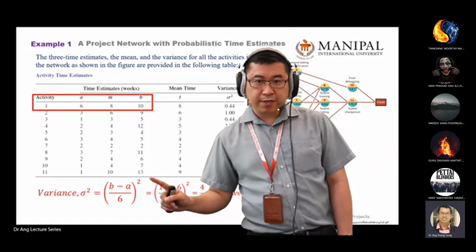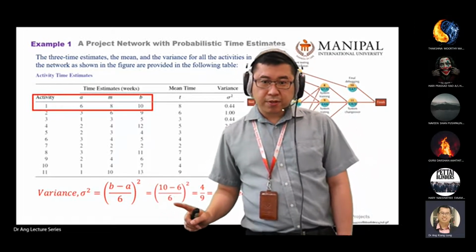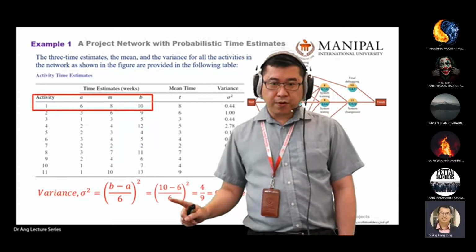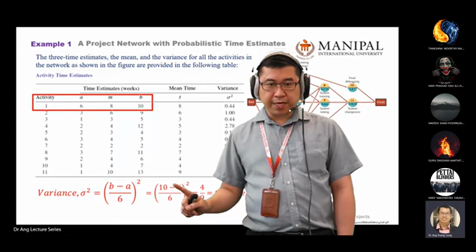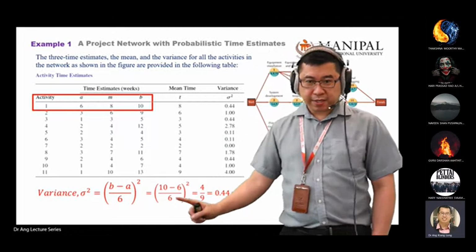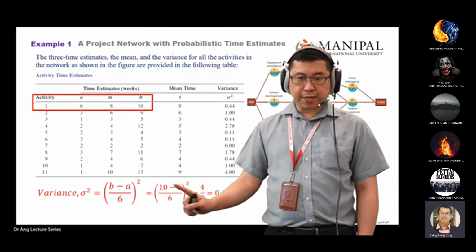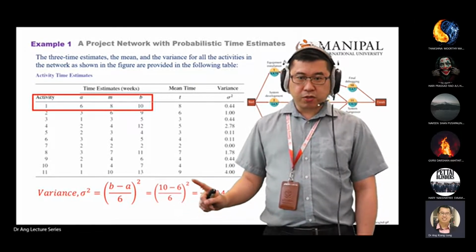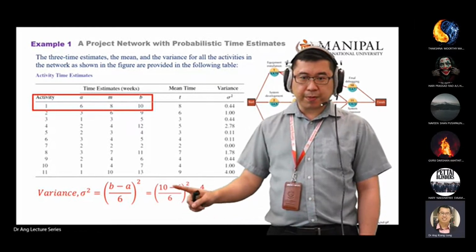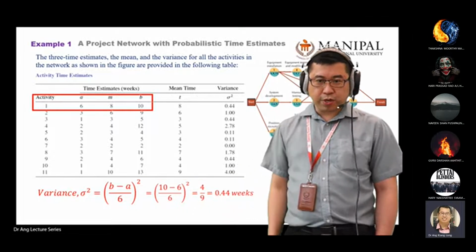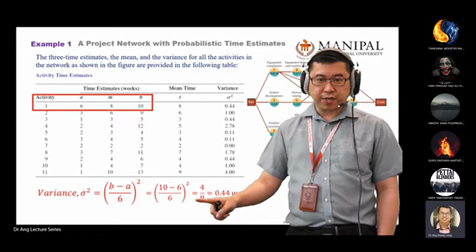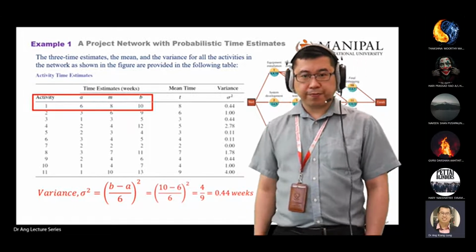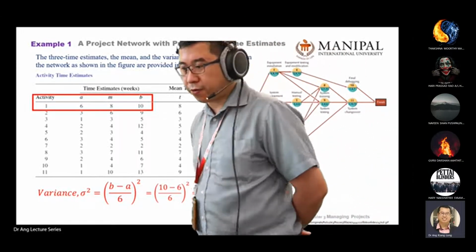Is it correct? 4 over 6, you simplify, it becomes 2 over 3. You square it, you get 4 over 9. Use your calculator, put in the decimal place: 0.44.